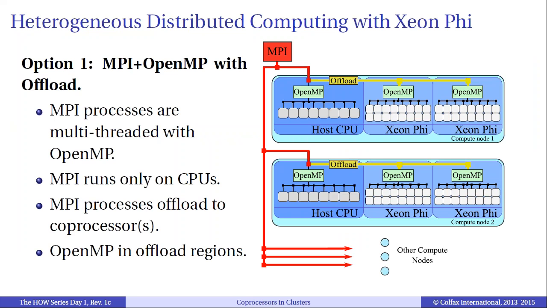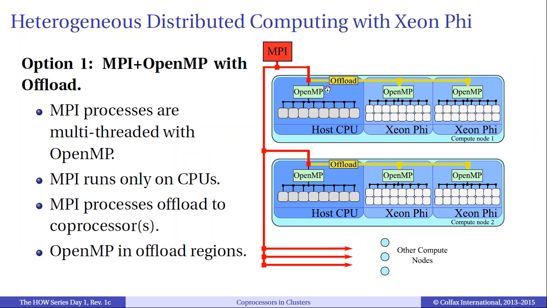But it is important to realize that in clusters, these 2 programming models give you access to 2 clustering options. You have one compute node, another compute node with Xeon Phi coprocessors inside. One option is you can put MPI processes only on the hosts, and then you can use special statements in your code to offload parts of the application to Xeon Phi coprocessors local to this compute node.